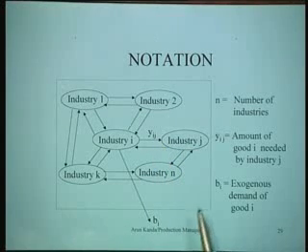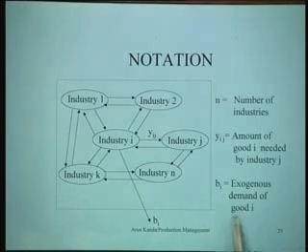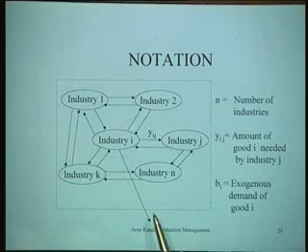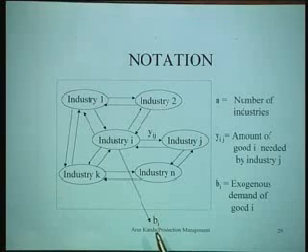And Bi is the exogenous demand of good I. So every industry will have some exogenous demand, which is either exports or whatever the consumers consume. So this is the model that we are trying to look at in terms of Leontief's model.